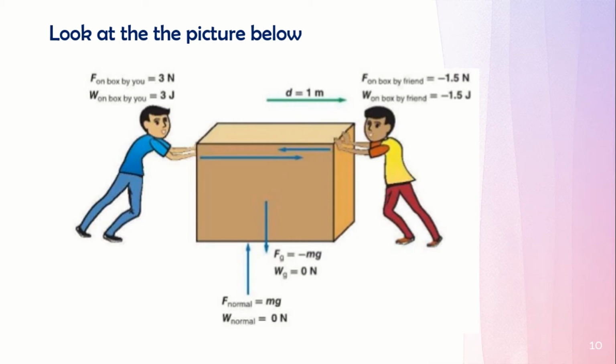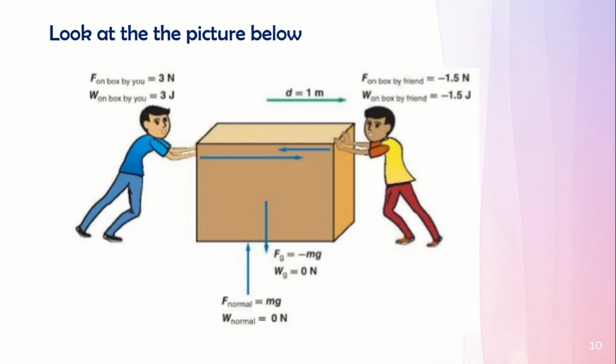F on box by your friend equals negative 1.5 newtons because the direction of your friend's force is opposite the direction of displacement.